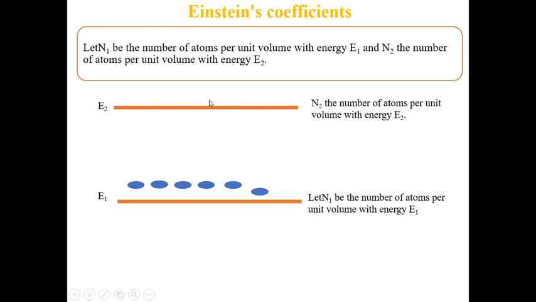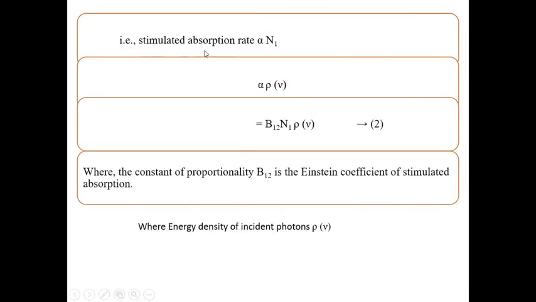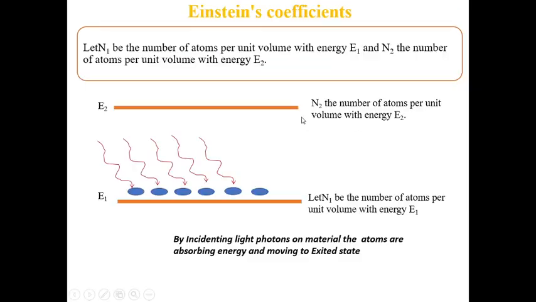So this equation says that stimulated absorption depends on the number of particles in the ground state, and also on the energy density. If more photons are incident on the atoms, more particles will move from the ground state to the excited state.